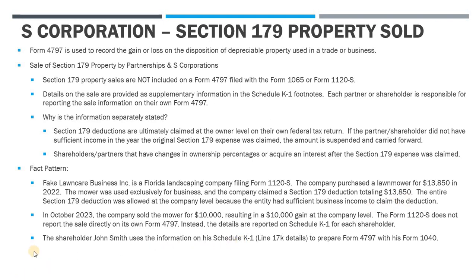The Form 1120S does not report the sale directly on its own 4797. Instead, these details are reported on the K1 for each shareholder. And so what we're going to look at is the K1 for John Smith, which has his allocation of the information on Schedule K1, line 17K details.